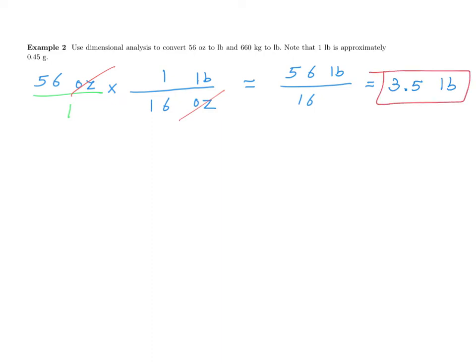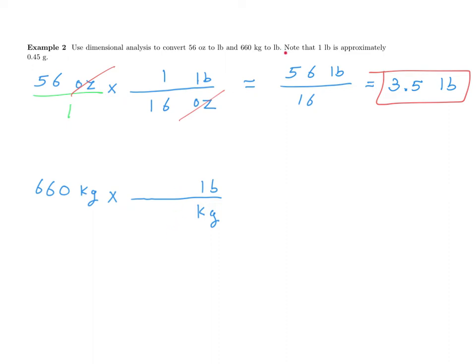The second part of this example says to convert 660 kilograms into pounds. So here we have our starting point of 660 kilograms. And in order to convert this, we are going between metric and the English system, so we have to use dimensional analysis. I'll set up a fraction. The denominator must be kilograms, and the numerator must be pounds. So what's the connection between the two?